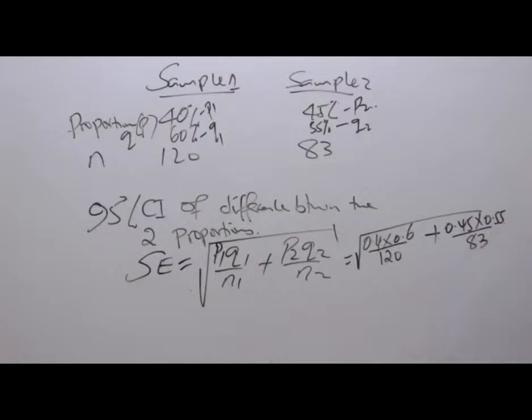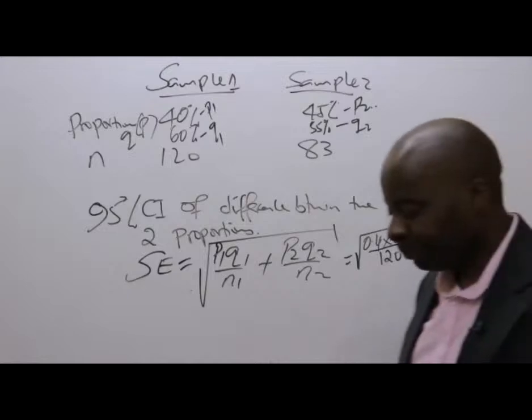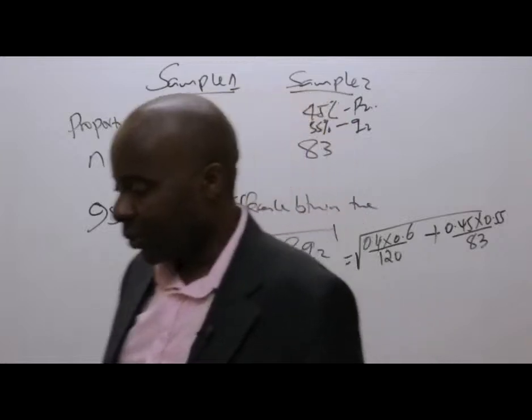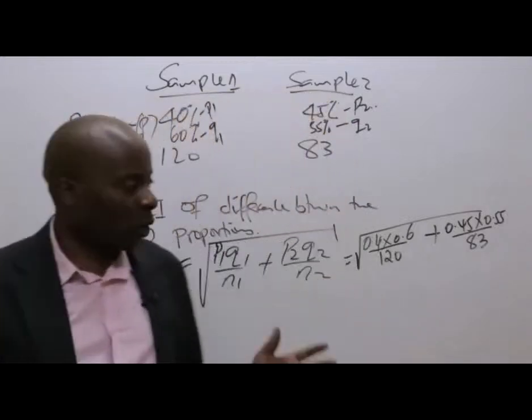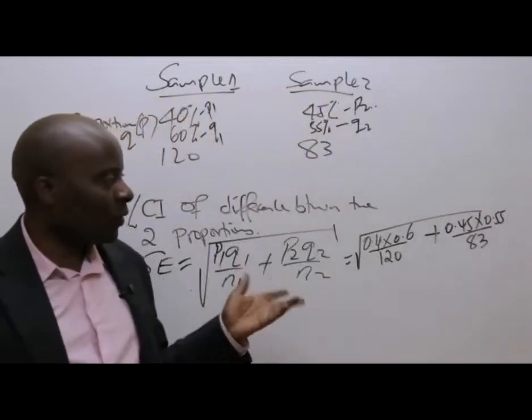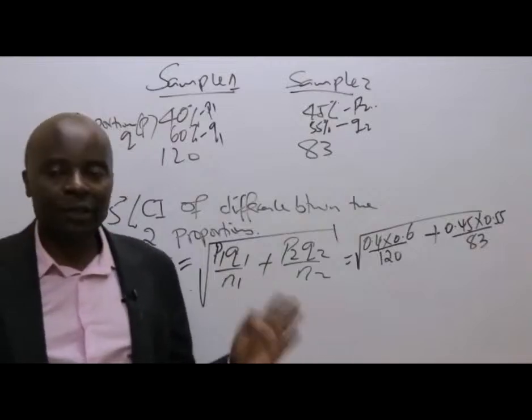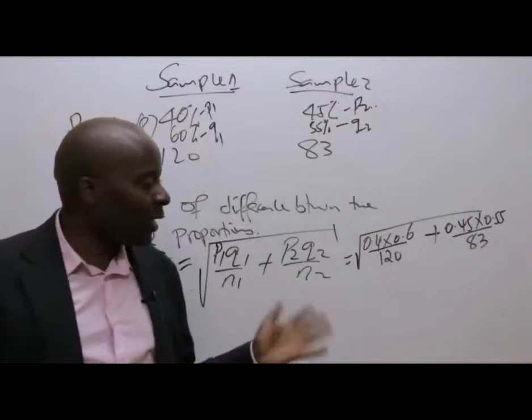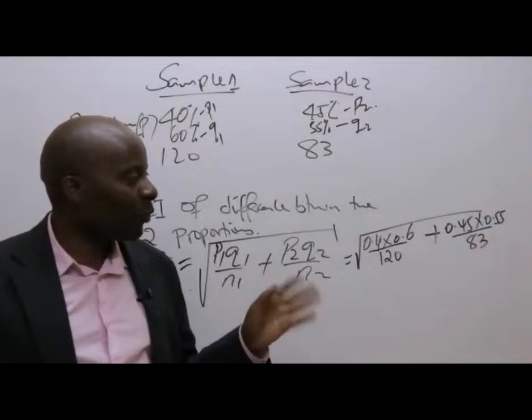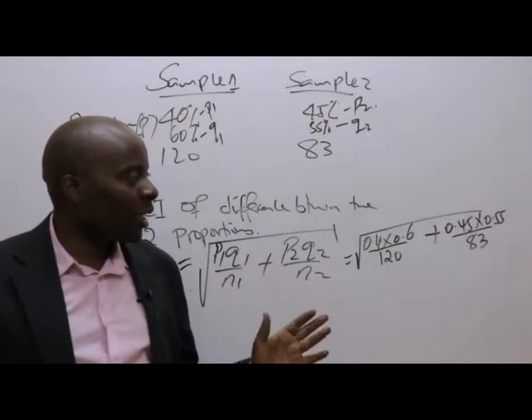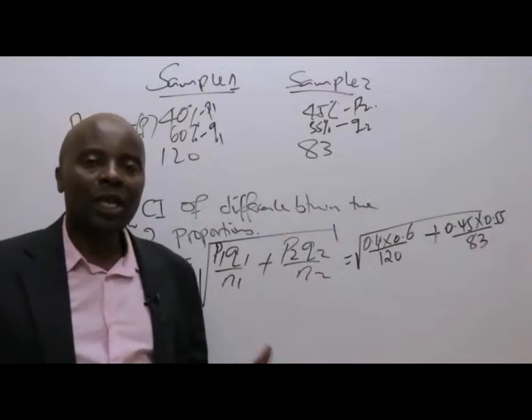Here you have to be quite good with your calculator to get the correct answer. Take 0.45 times 0.6 divided by 120 plus 0.45 times 0.55 divided by 83. You say equals.